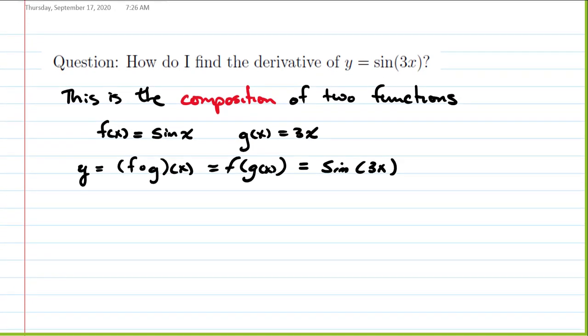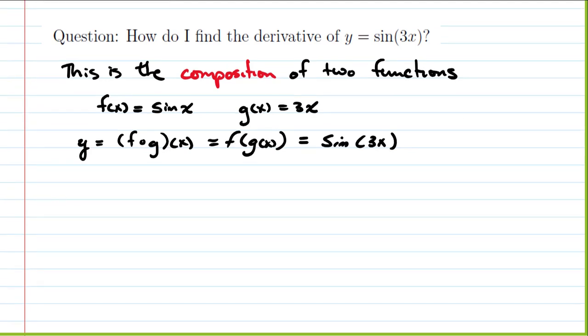Oftentimes, we are going to want to write this composition but use a different intermediate variable. So this could be realized in a different way. And what I mean by that is for f, we could write f of u equals sine u. And then we could make our inner function u equal to 3x.